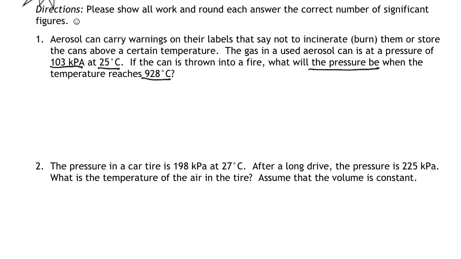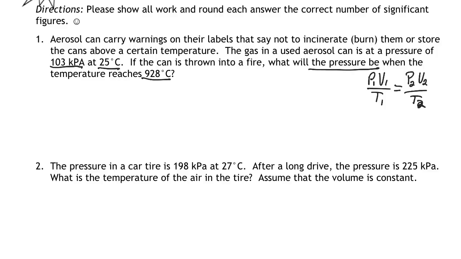So the next thing I'm going to do is write my combined gas law. P1 V1 over T1. So my pressure, volume, and temperature at the start will equal my pressure, volume, and temperature at the end. So I'm reading my question. You'll notice that I only have 4 things underlined.